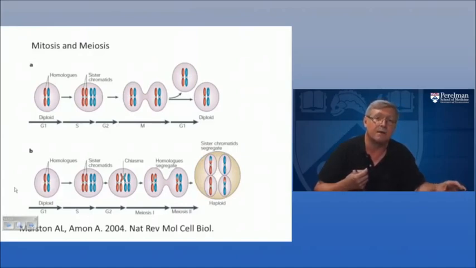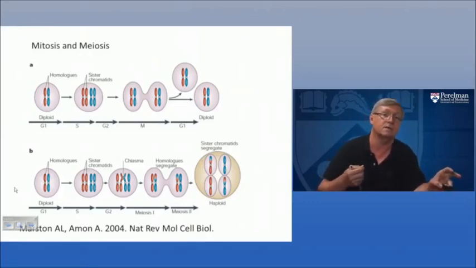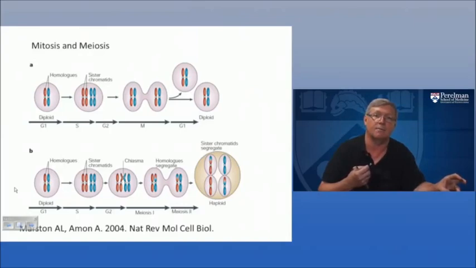At the first meiotic division, the homologous chromosomes actually separate, and so you get a decrease in chromosome number from 46 to 23. And in meiosis 2, each of the chromatids separate and leave you with a haploid cell, and these haploid cells are the gametes.